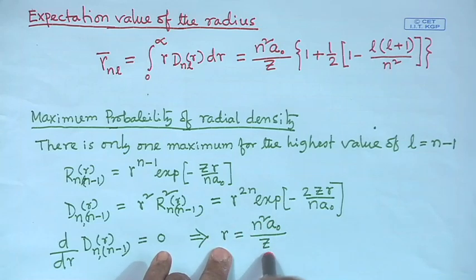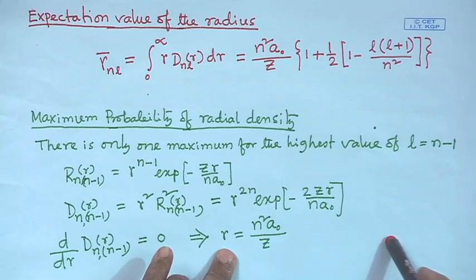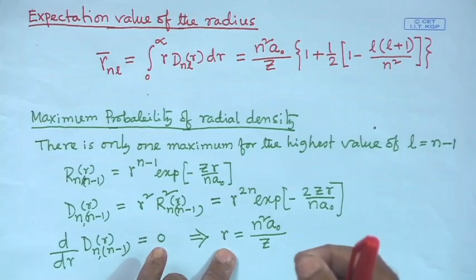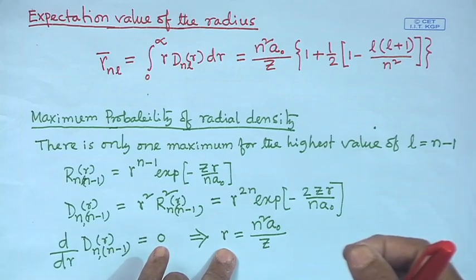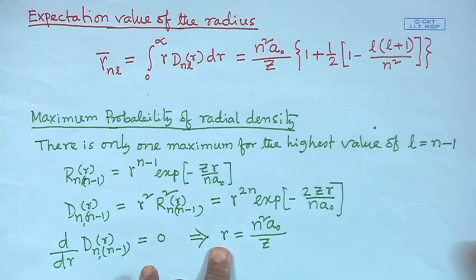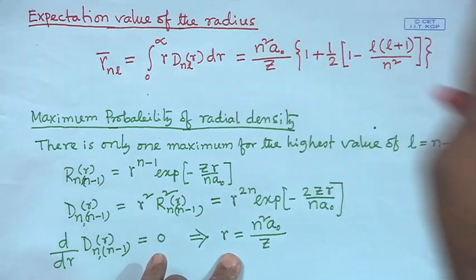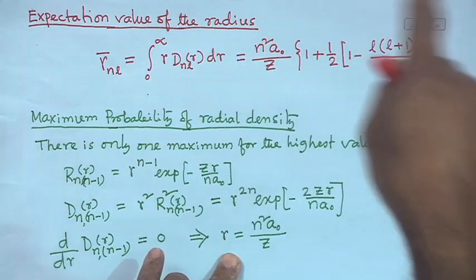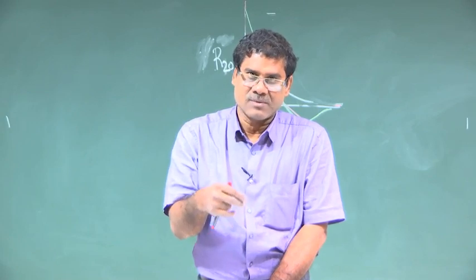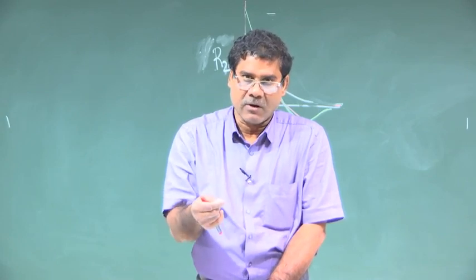So, here we can only tell that at this radius the probability of the electron is maximum. In the Bohr model it told us the electron will be found only on this orbit, but in this case there will be maximum probability to find the electron in the orbit, but it will not be only there.